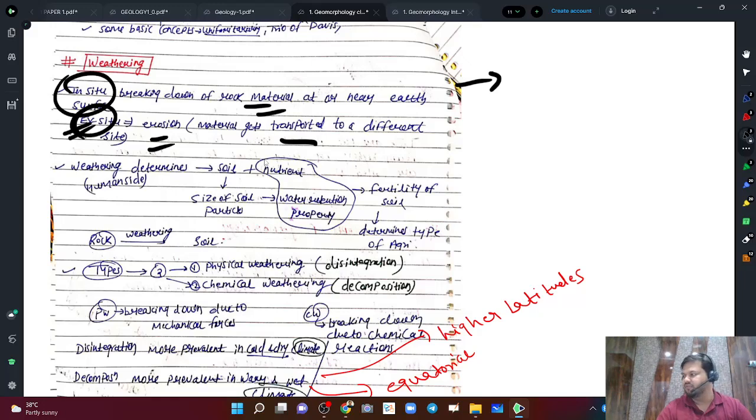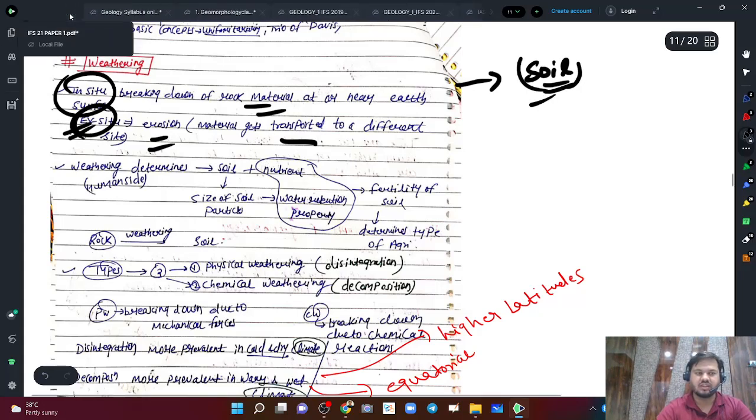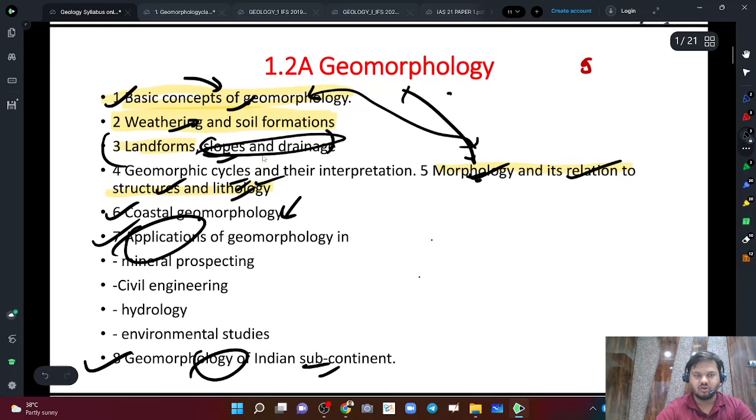What they wanted to ask about was soil. In our syllabus you will see there is a soil profile, and a topic named soil formation, weathering and soil formation. Weathering of rocks ultimately leads to formation of soil.